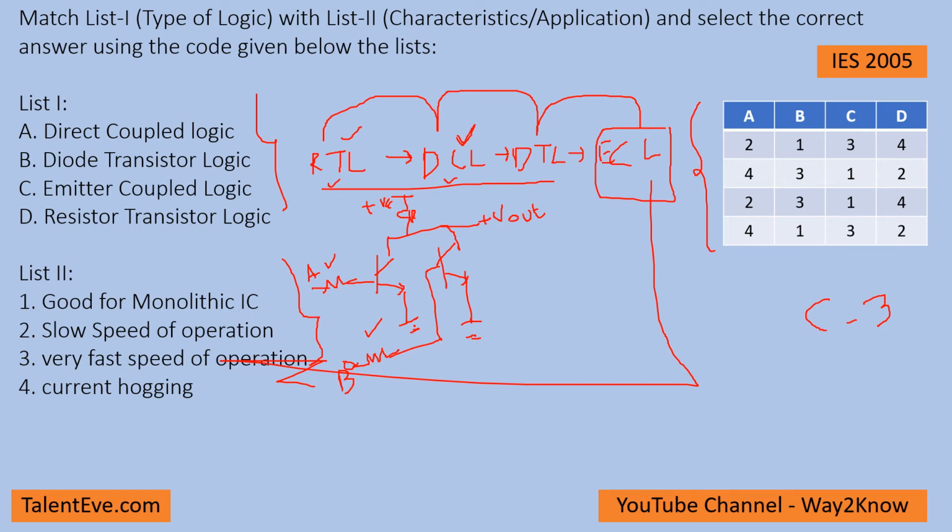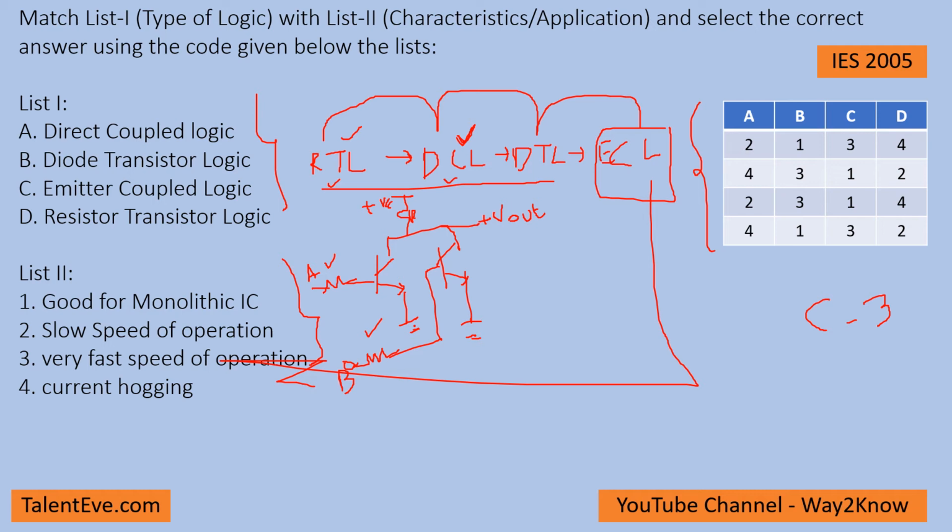But one disadvantage with respect to DCL compared to RTL is that if a particular input without a resistor drives the base emitter strongly, and it pulls out all the current to this gate, then the other gate may not be able to drive this on, because even though VB is provided, all the current will be driven to this transistor.